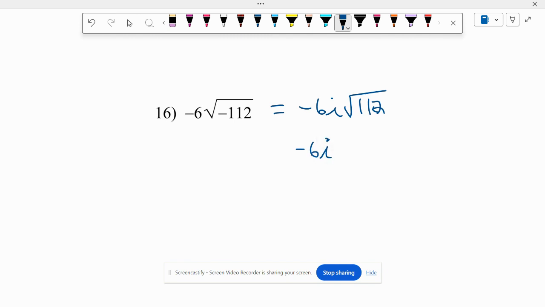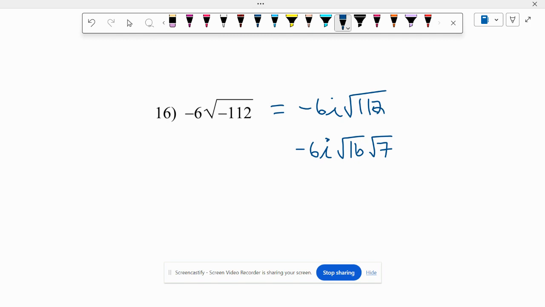Let's see, 28 is divisible by 4. So what's 112 divided by 16? 7. If it's divisible by 4 and you get an even number, that means it's probably divisible by 16. Try that one as well, okay?